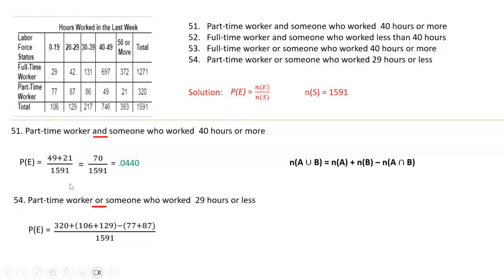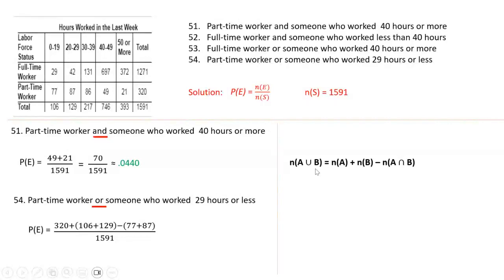So it's going to be 20, and then or 20 hours or less are going to be these two categories here. So these two guys, right? So we're going to add these two, which is the total. But we have to subtract these two because I already counted them on the 320, so I don't count these twice. That's why it's going to be the 106 plus 129 minus the 77 and 87 because I already counted it on the 320.